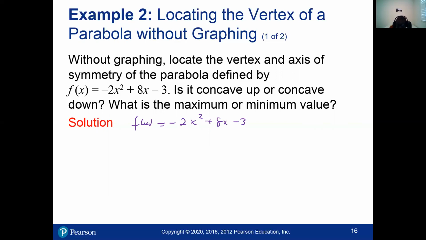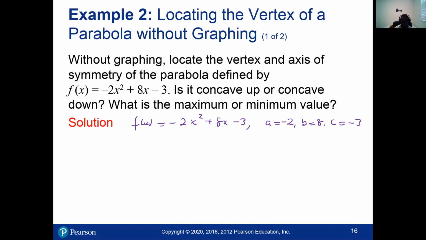We want to locate it without graphing, and want to know whether it's concave up or concave down, and whether it's a maximum or minimum. So first, as we compare this to the original function, my a is -2, my b is 8, and c is equal to -3.